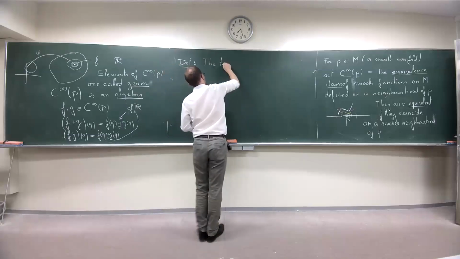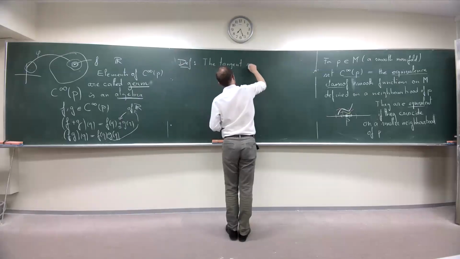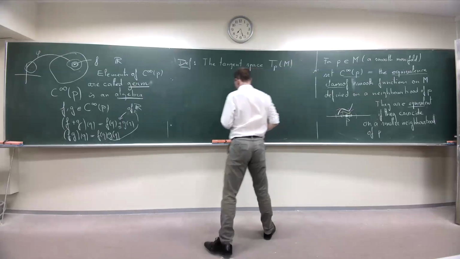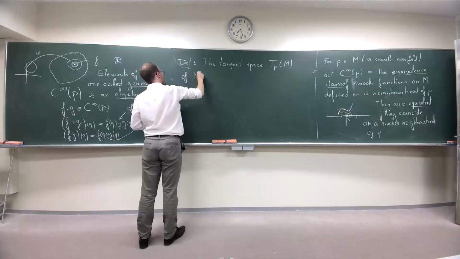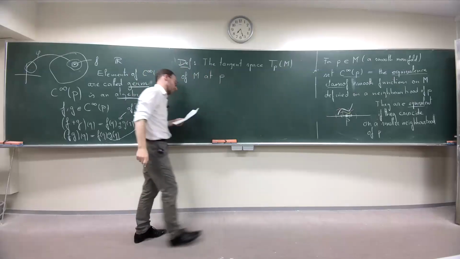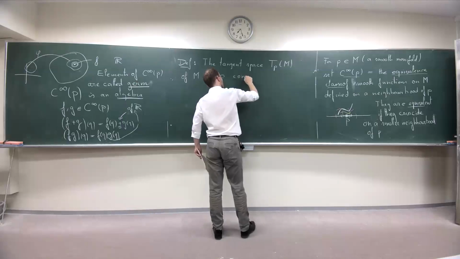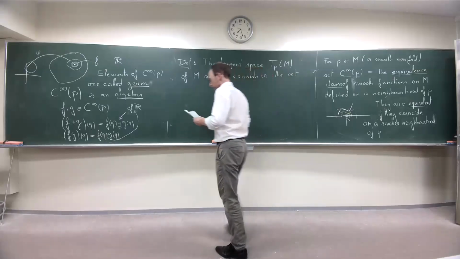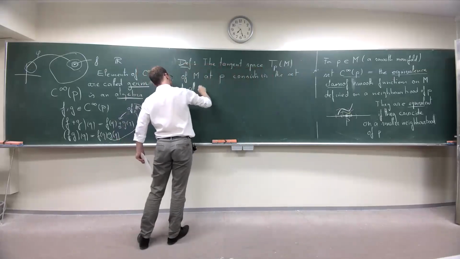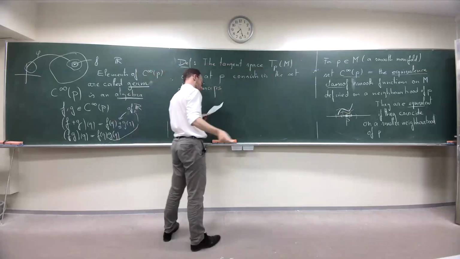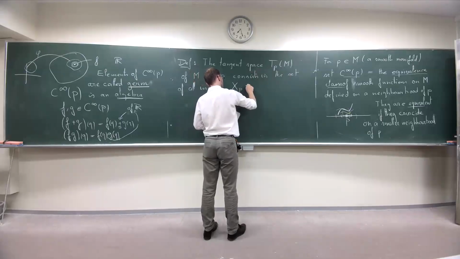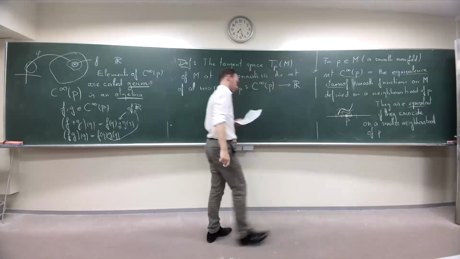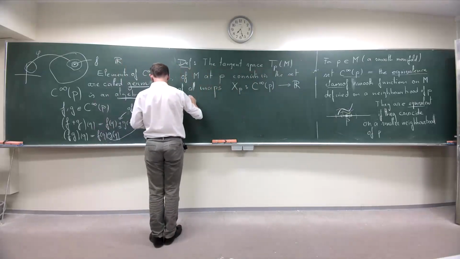The tangent space has a name, it's called T_P M. So it's the tangent space T_P M of M at P. It consists of the set of all maps, all functions X_P from C infinity of P to R, satisfying two conditions.